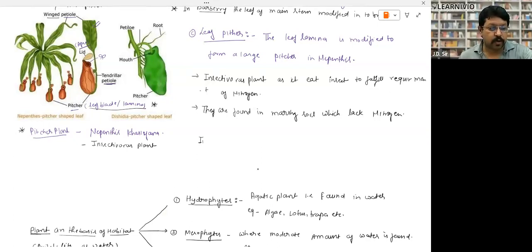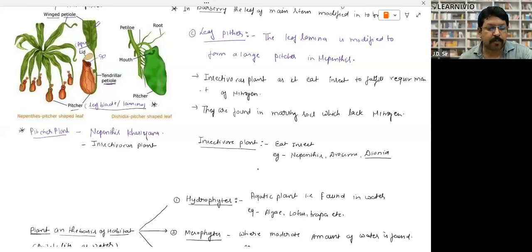So look, insectivore plants. What are insectivore plants? They eat insects, right? Example, Nepenthes, that is in front of you. Three are in our syllabus: Nepenthes, Drosera, Dionaea.